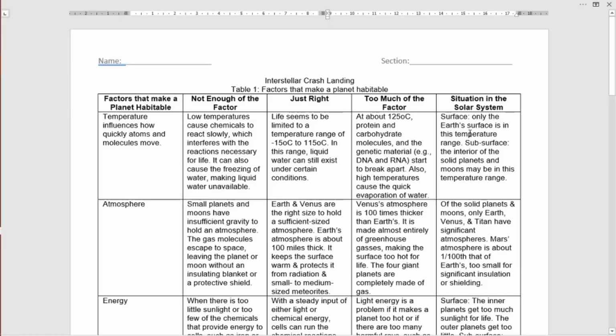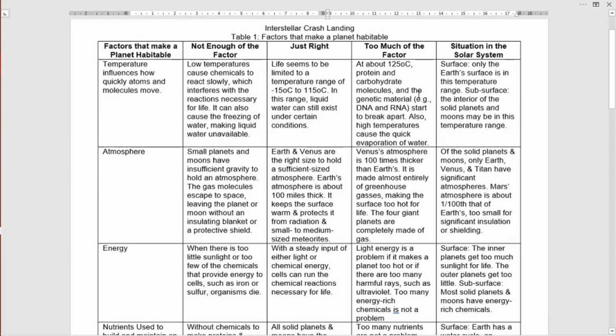Before we jump to our discussion, let me show you what you need to accomplish for this week. After watching the video about Earth on day 1, you are going to answer this worksheet entitled Interstellar Crash Landing. You will see a table entitled Factors that make a planet habitable.